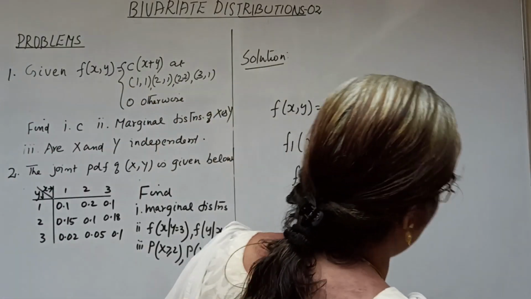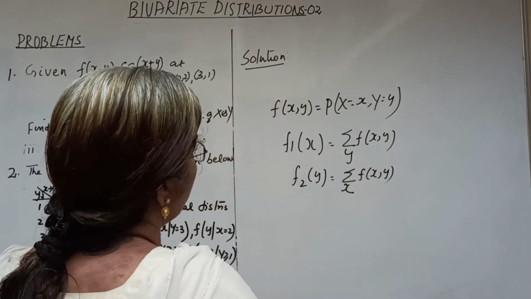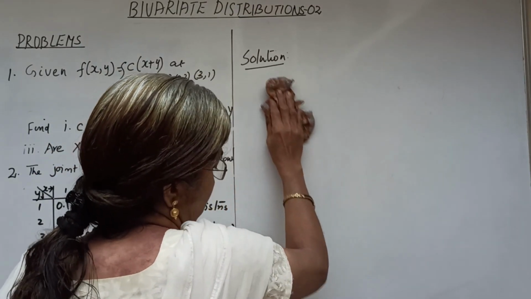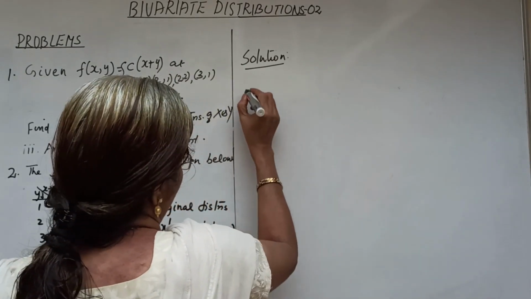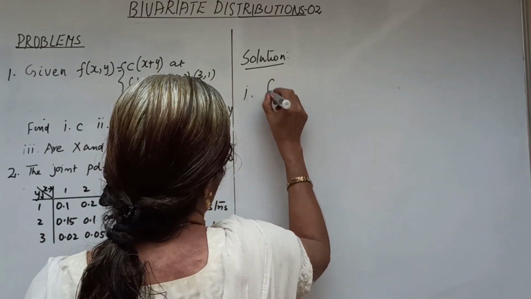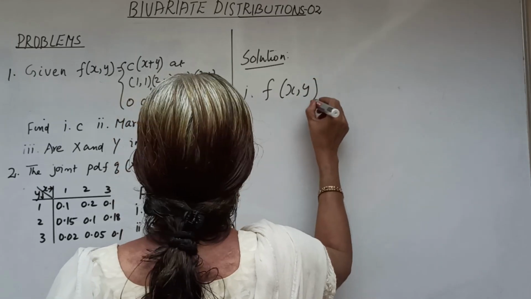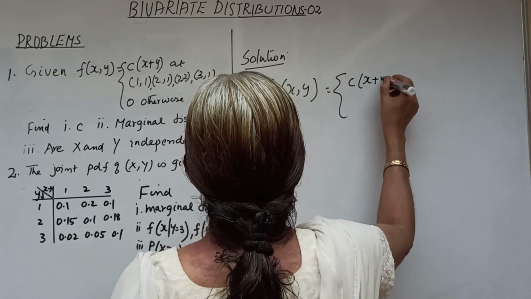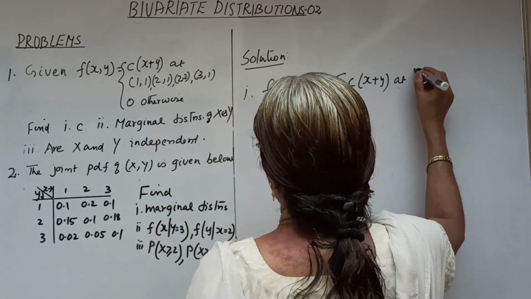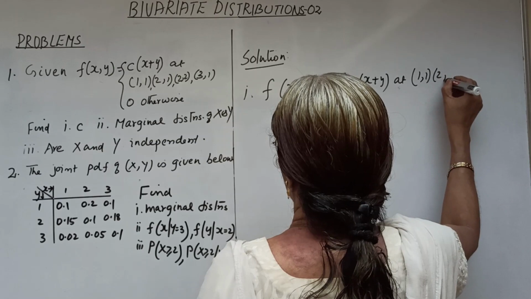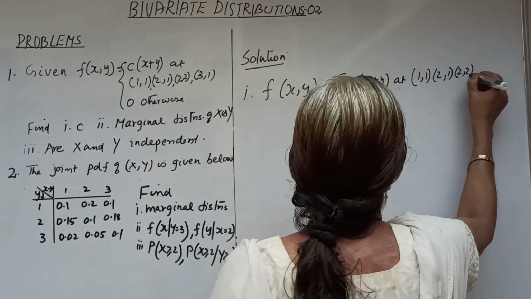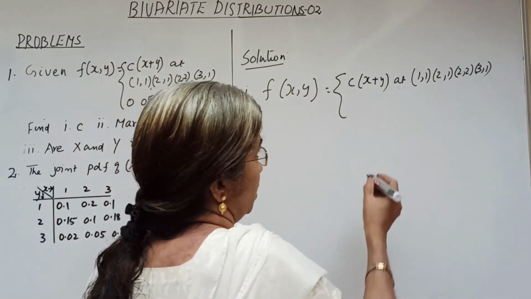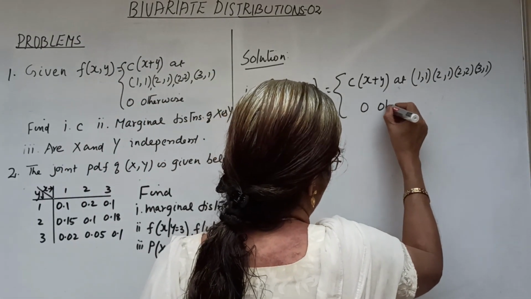Here, I have defined the marginal distributions. First of all, we want to find the constant c. That is, f of xy is given as c into x plus y at the points (1,1), (1,2), (2,2) and (3,1), only at these pairs, and equal to 0 otherwise.